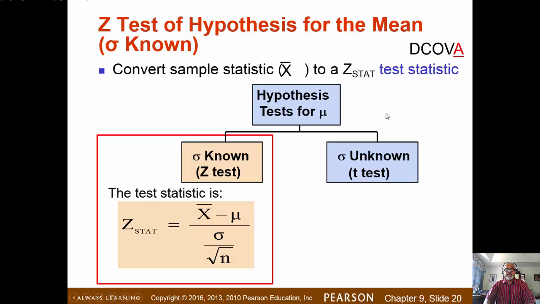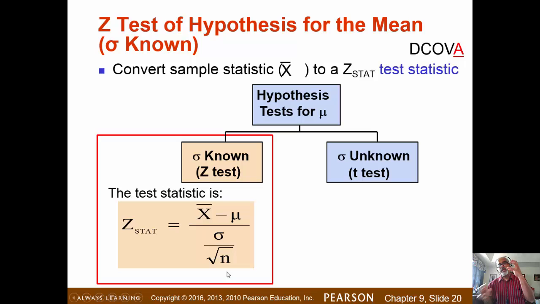Okay, first is z test, and both for z and t test we can look at hypothesis testing as two different ways in which to do the hypothesis testing. One is the critical value approach, and the other is p-value approach. So I'll demonstrate both of them, and you should master both approaches. So if sigma is known, then you compute a z test statistic using this formula: x bar minus mu over sigma over square root of n.